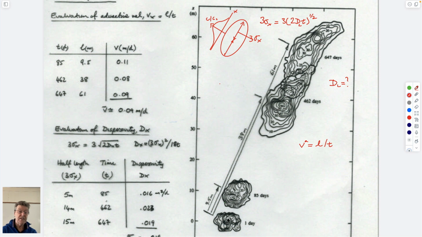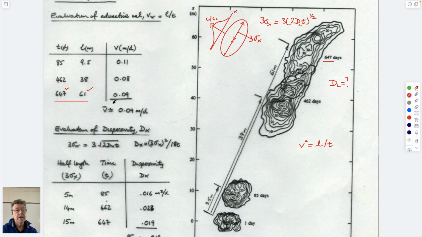If we know when the spill was at time 0, and we know how far it's gone in 467 days, 61 meters, then dividing 61 by 467 days gives the advective velocity, which comes out to about 1/10 of a meter per day.